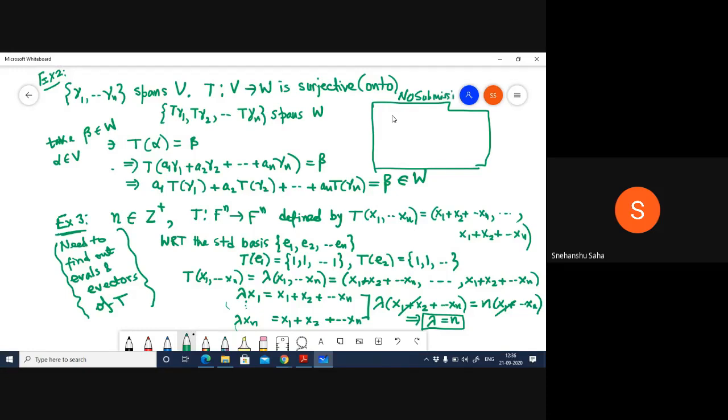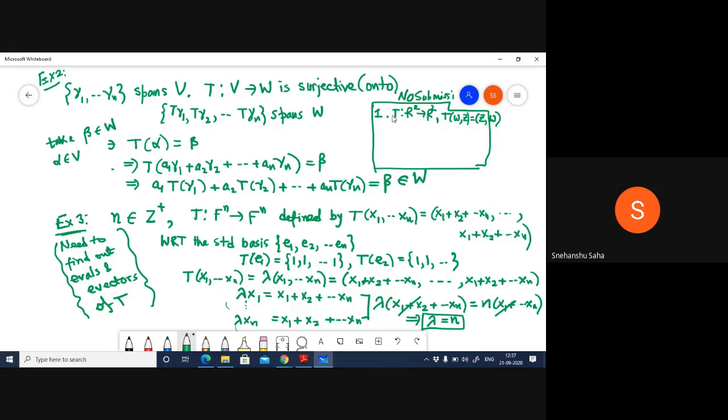So one is T, a linear transformation from R2 to R2 defined by the expression shown. Find the eigenvalues and eigenvectors. And guys, please just don't construct the determinant.